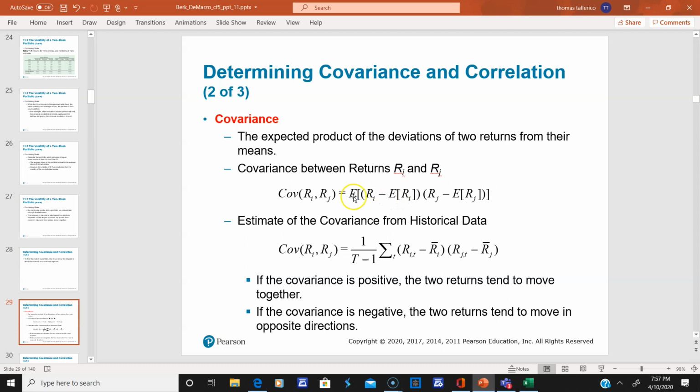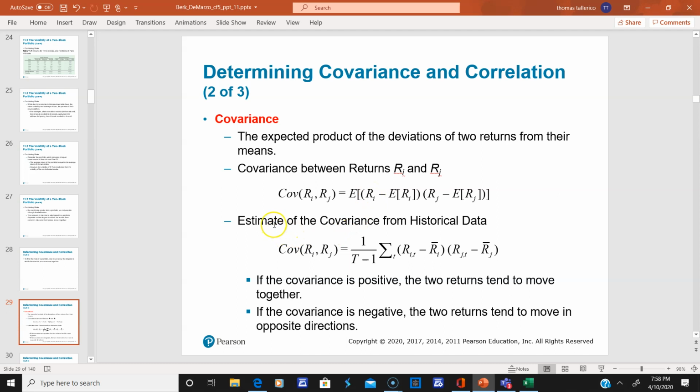You can clearly see there's a lot of expectations going on here. So we have the return minus its expected return, and then the other return minus its expected return, and then we multiply them, and I know this is difficult, and then we take the expected value of that. So this is the covariance between returns, and there's a lot of expected returns here.